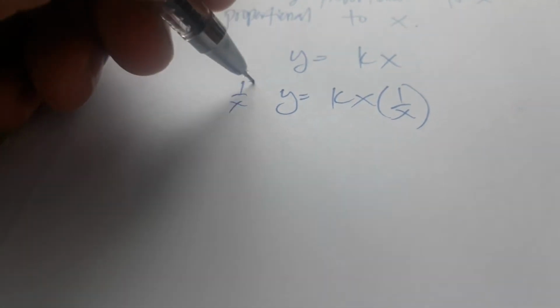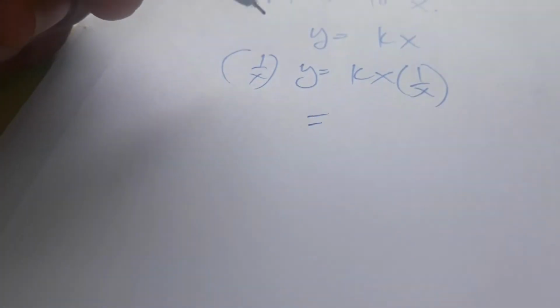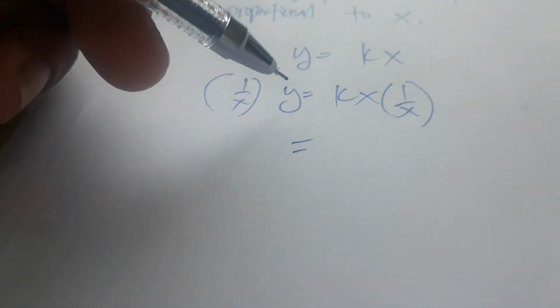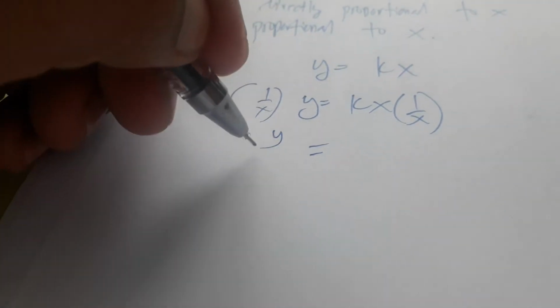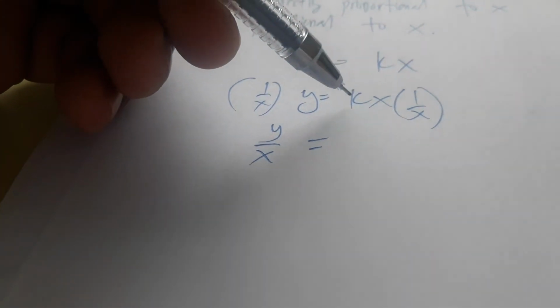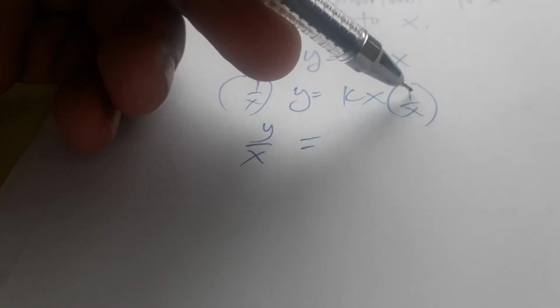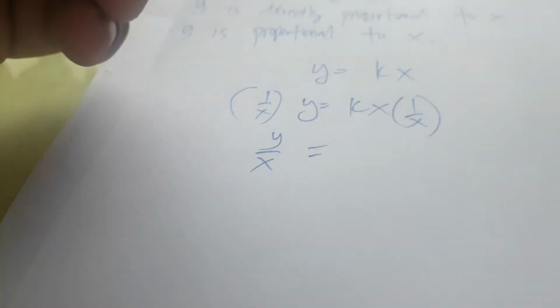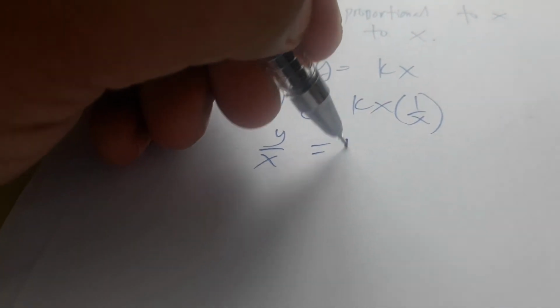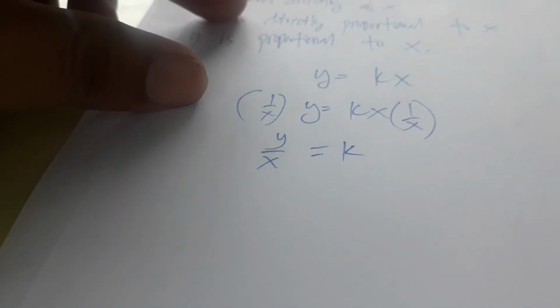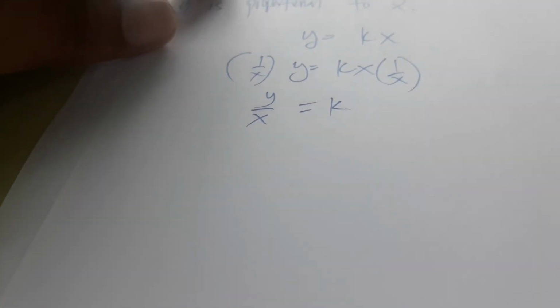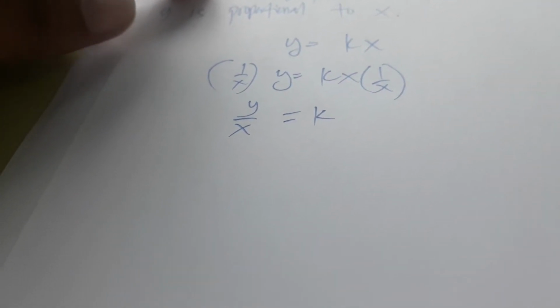So 1 times y over x is y over x. And k times x times 1 divided by x, what is left? k. So y over x is equal to k.